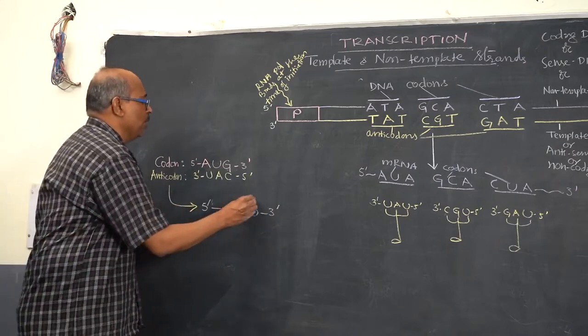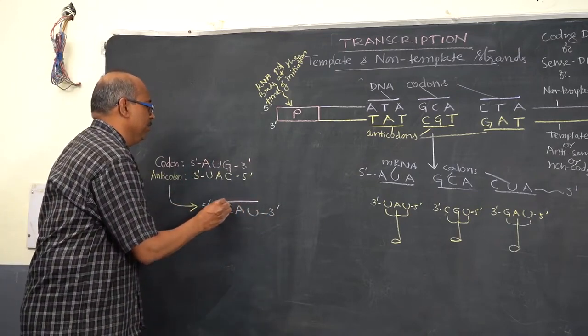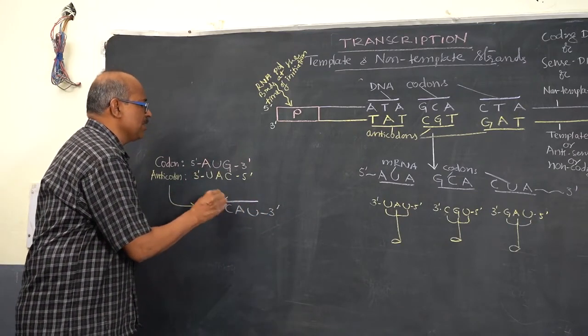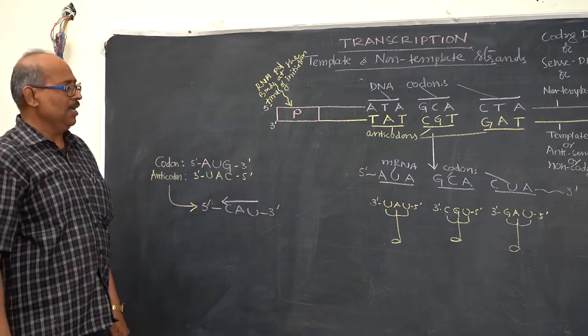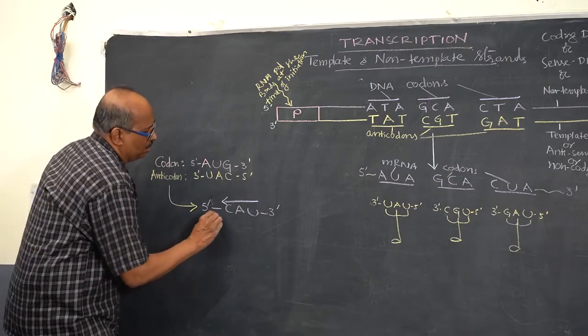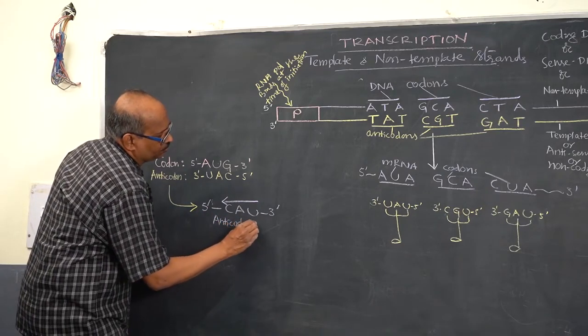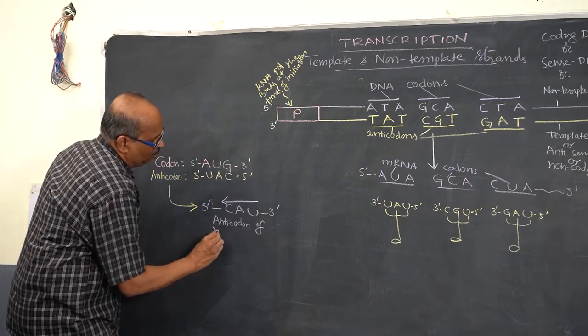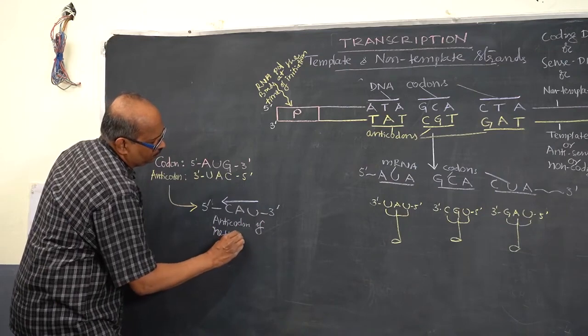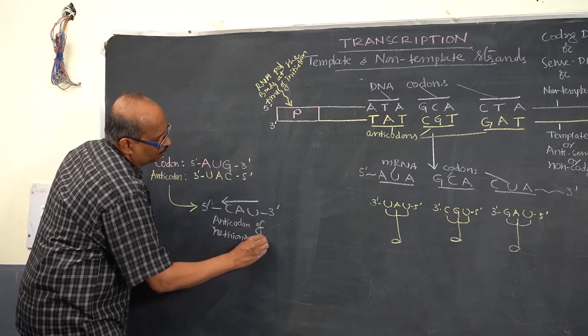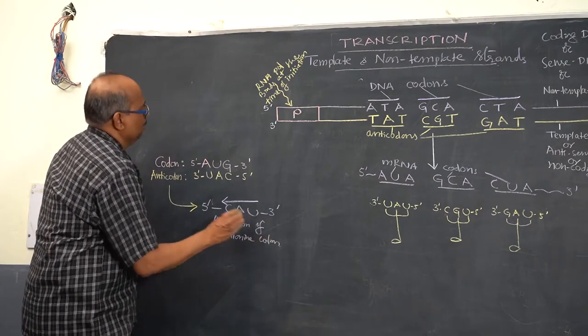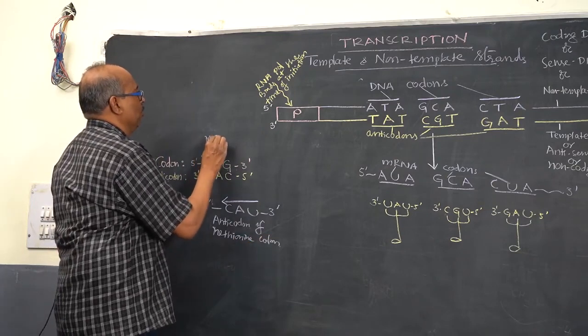And then we show a reverse arrow. Wherever you are seeing that reverse arrow, it indicates an anticodon. So this is anticodon of methionine codon. This is methionine codon.